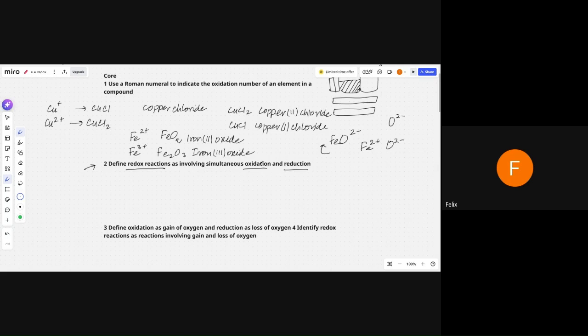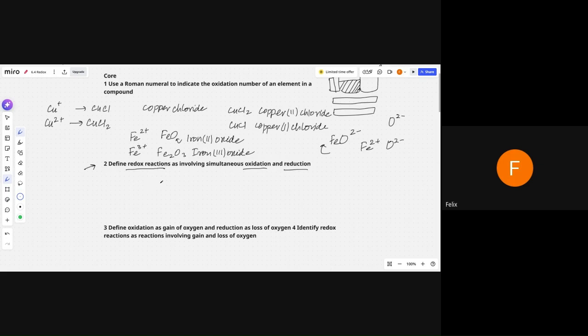Whatever these processes are, in a redox reaction they occur simultaneously, right? In the same reaction, oxidation will be taking place and reduction will be taking place as well. Such reactions are called redox reactions.